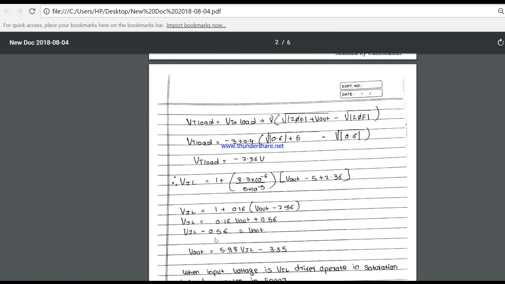VT load of V out is equal to VT load plus gamma times the square root of (mod of 2 phi F plus V out) minus the square root of mod of 2 phi F. Putting in this equation, we'll get minus 2.36 volt. Now putting all the values in VIL, we'll get the equation VIL equals 0.16 V out plus 0.56. Now equating this VIL in terms of V out, we'll get 5.8 VIL minus 3.35.